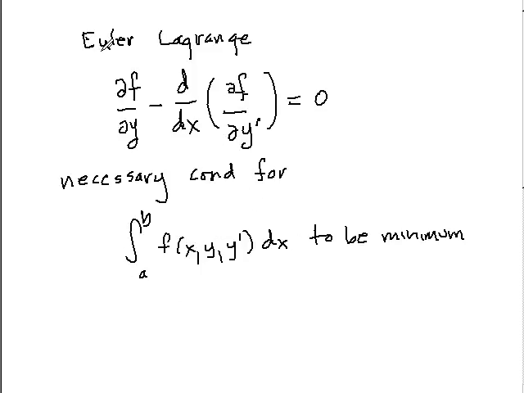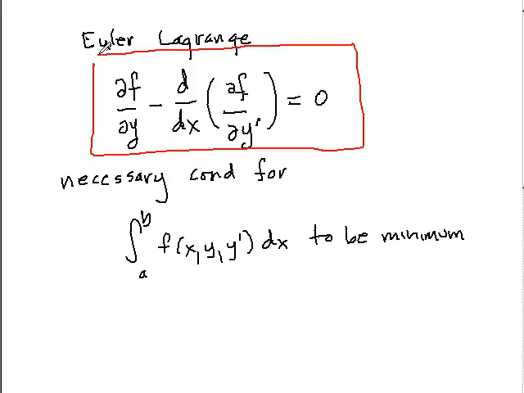Okay, so what we've done, and this is very nice, is we've reduced this very complicated problem of minimizing an integral to a more or less standard differential equation. Now, if f is a function of y and y', these derivatives will be non-zero, so I'm going to get a very complicated function of x, y, and y'. So this is really a differential equation.